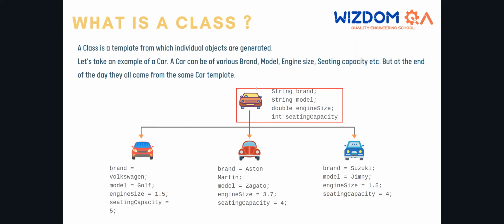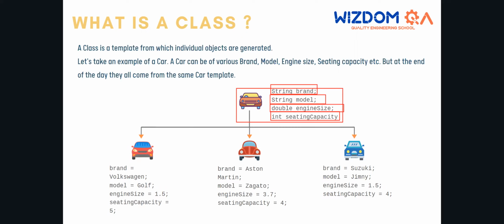Attributes like a car should be having a brand, a model, an engine, so the engine size, and the seating capacity. So for my program that I'm trying to build around Java for a car, I need to firstly create a template. And in the template, I first think about what are the main properties and attributes a car can have. So attributes meaning brand, model, engine size, and seating capacity.